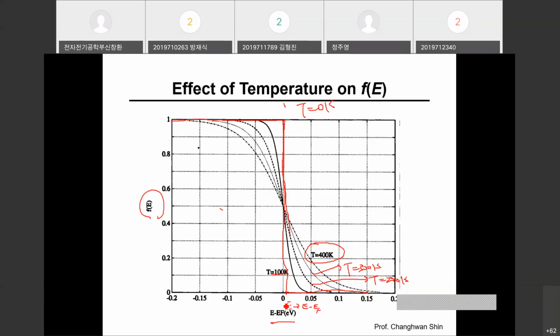So the 0 value means the energy is EF. When the energy is equal to the Fermi energy level, the x-axis corresponds to 0. Anyhow, as a function of temperature, T is 0, 100, 200, 300, 400, and he has drawn the Fermi function.